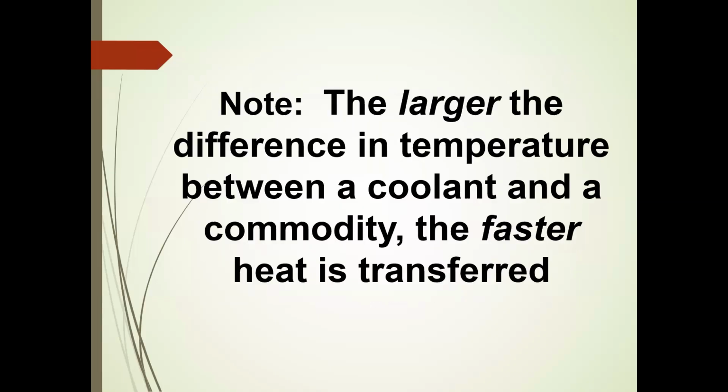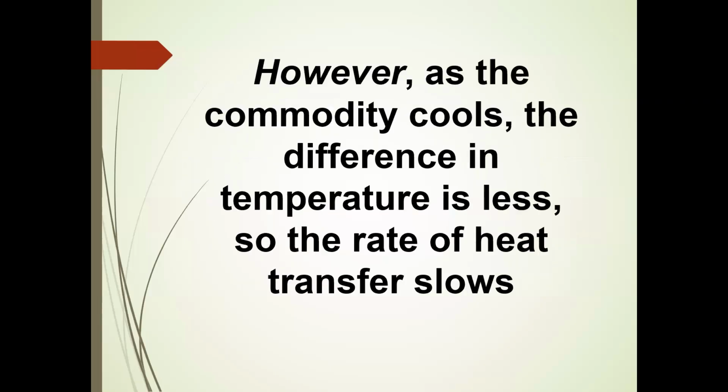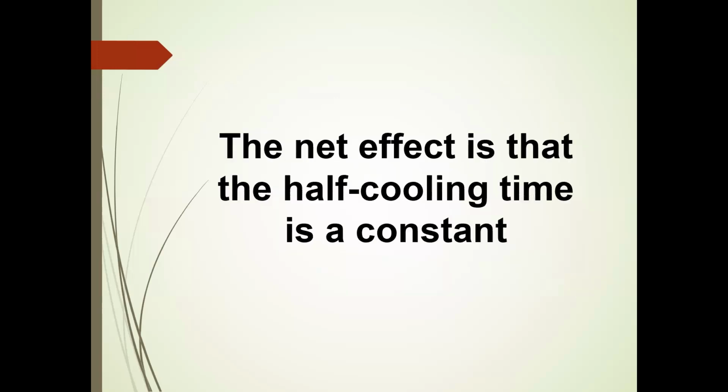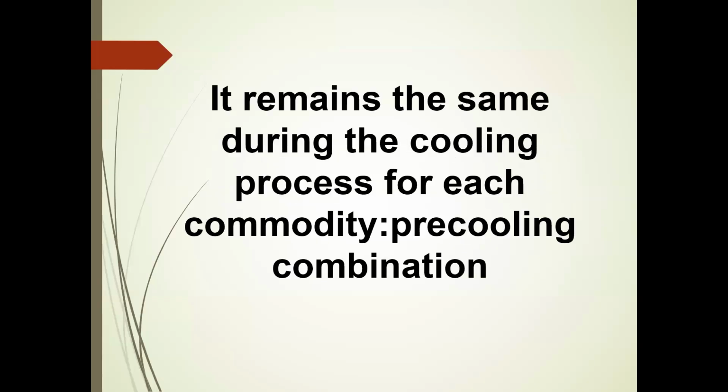Note, the larger the difference in temperature between a coolant and a commodity, the faster heat is transferred. However, as the commodity cools, the difference in temperature is less, so the rate of heat transfer slows. The net effect is that the half cooling time is a constant. It remains the same during the cooling process for each commodity pre-cooling combination.